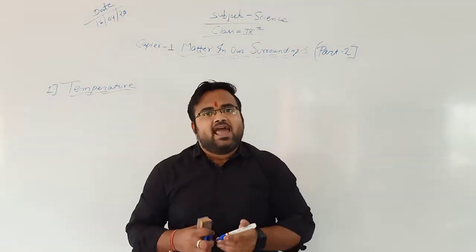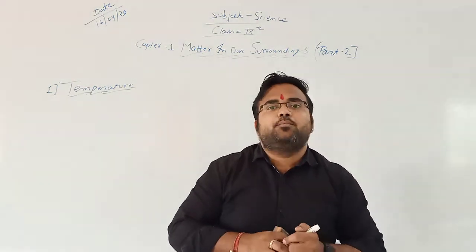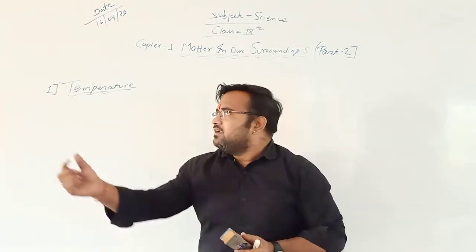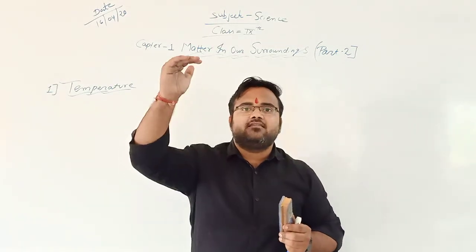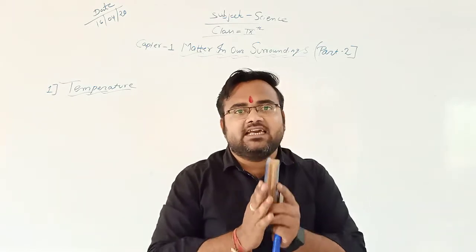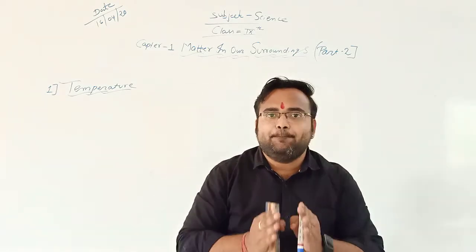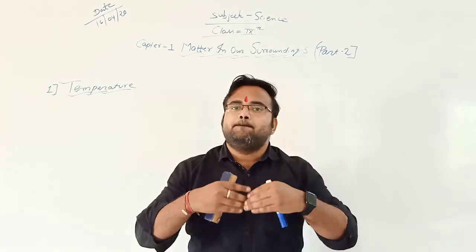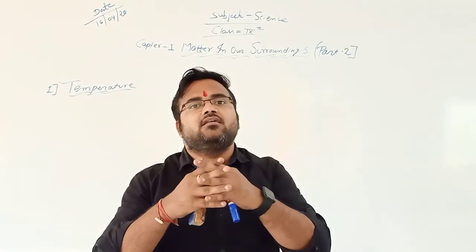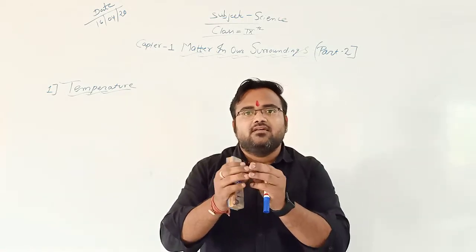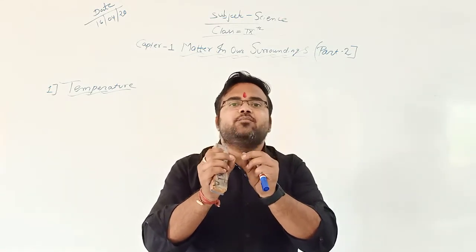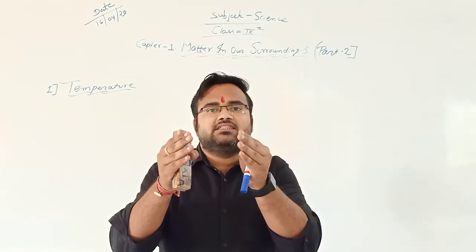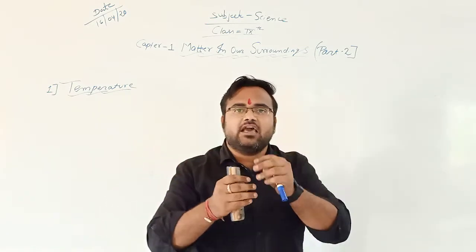Now we know that as the temperature increases, the Brownian movement will increase. Why? When the temperature increases, the intermolecular force of attraction between the particles decreases. That means the molecules or atoms of the particle can go a little bit away from each other, and they will have zigzag motion.